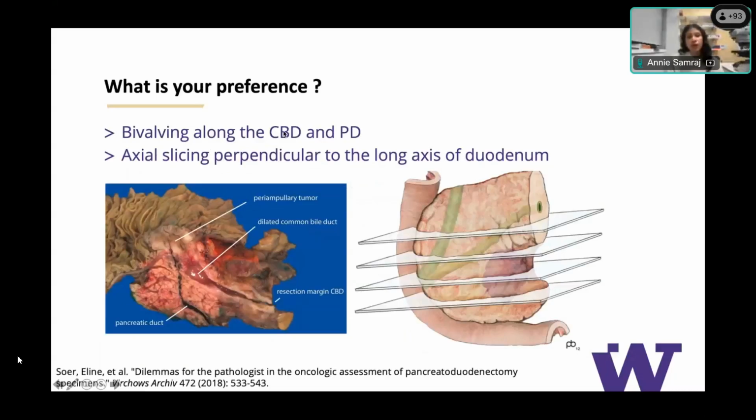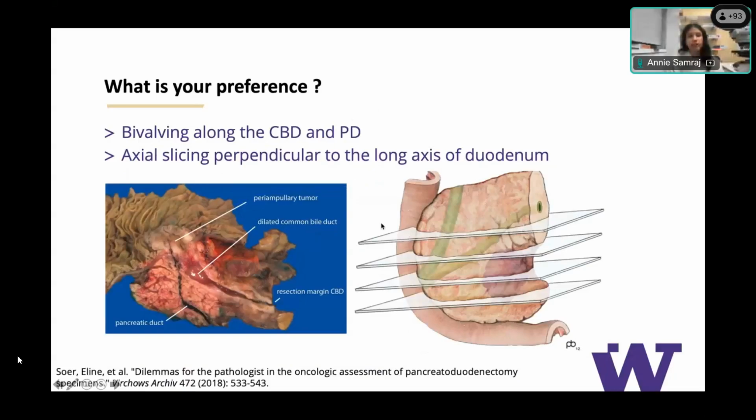Okay, so talking about ways to section the pancreas. There are two common ways of doing it. I would say overall, the more common method is the axial method, which is axial slicing perpendicular to the long axis of the duodenum.